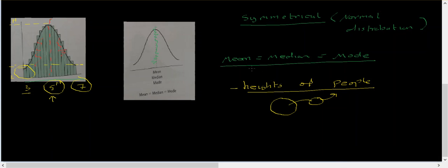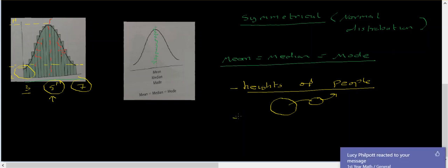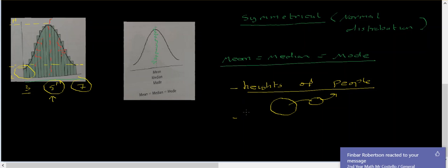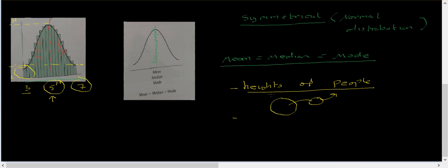So that would be an example of data that would follow a symmetrical distribution. We're talking about the heights of people. And another one, again, the heights of people who are randomly picked. Like if you were to go to a basketball tournament and measure the height of people there, that data is going to be skewed, because generally people that pick basketball will favor taller people, and you're probably going to get more taller people within that group, or within that population.